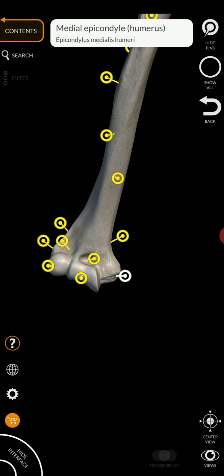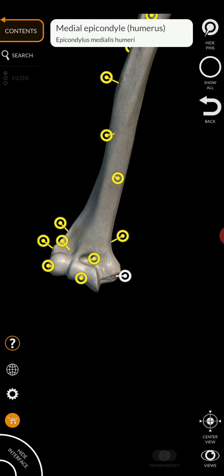The medial epicondyle, you can actually feel that on your elbow, so touch the medial side of your elbow. That is the medial epicondyle that you are feeling. It's also known as your funny bone.